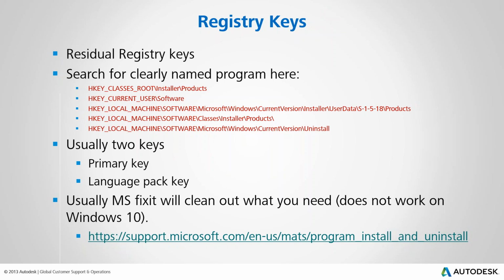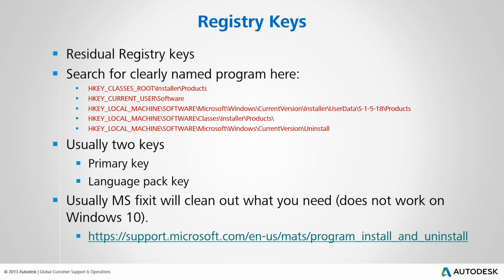And similarly, HKey local machine software Microsoft Windows current version installer user data S-1-5-18/products. Yeah, some of these keys get pretty deep in there. And then HKey local machine software classes installer products.